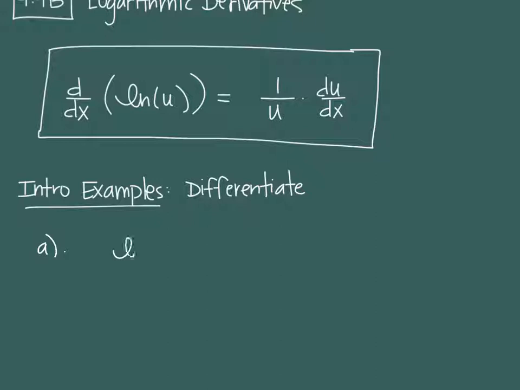If we have the natural log of x plus 2, and we are to take the derivative of that, so d dx, or we're going to find y prime. This derivative is pretty simple, because it's the reciprocal of u, which is 1 over x plus 2, times the derivative of u, which happens to be 1. So that's about as basic as it gets.